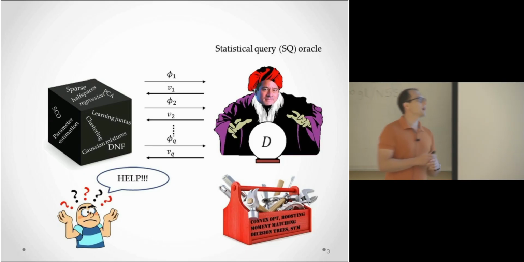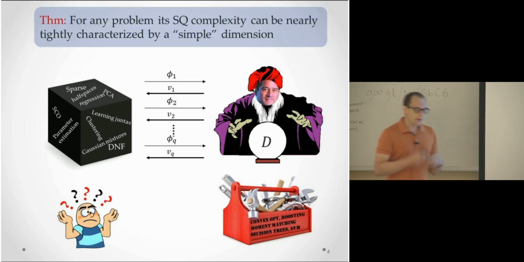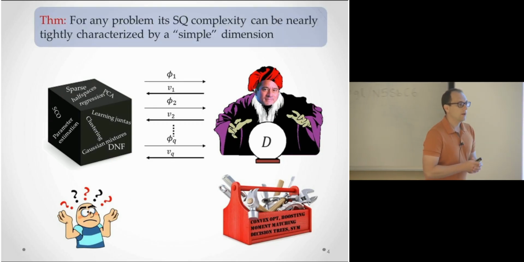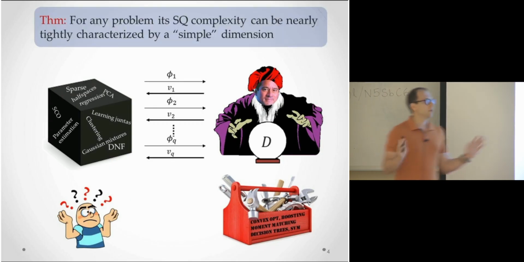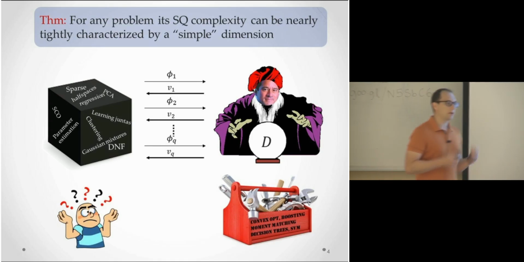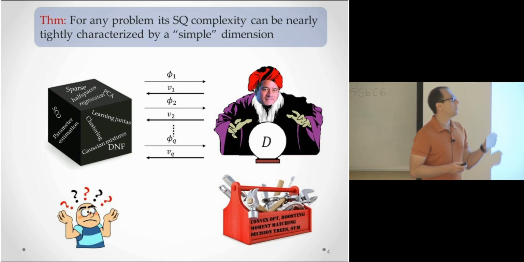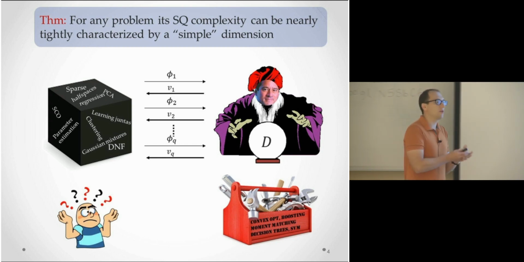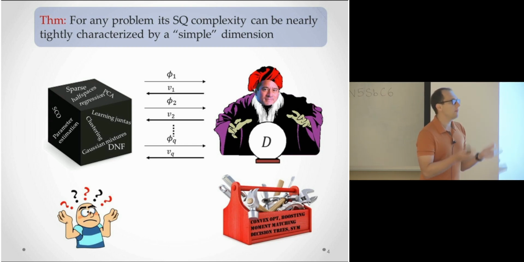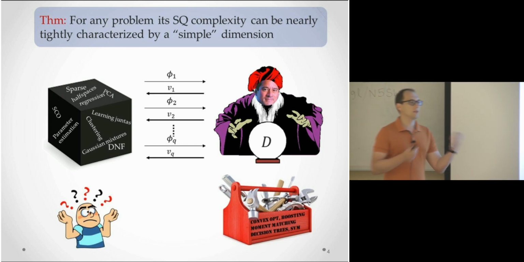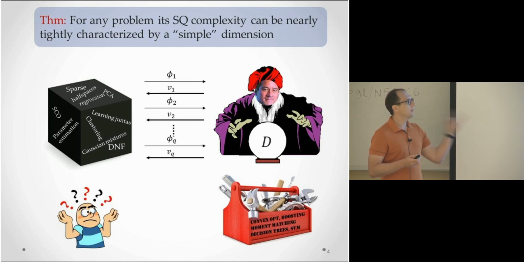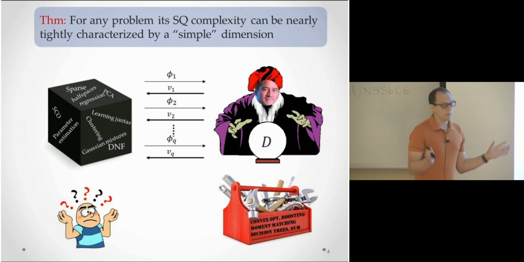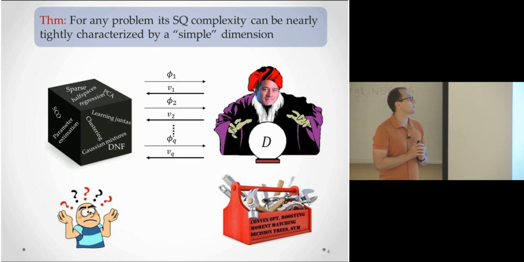At the same time, as we'll show in this work, there exists a notion of dimension that for any statistical problem, think of any, will tightly characterize the complexity of solving that problem in this model. And importantly, this dimension is relatively simple. And what I mean by this, it doesn't involve any computation, doesn't involve any dynamics, interaction, nothing, just some linear algebra and a couple of quantifiers.